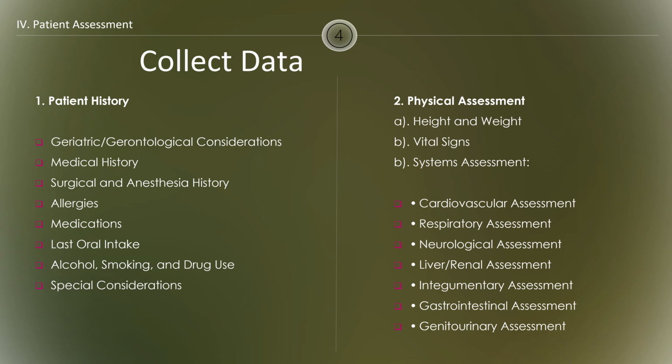And then consider OR equipment capacity, like for the BMI, bed, and table size. The vital signs, obtain a baseline, compare with the prior records, repeat if abnormal or altered by anxiety. Fever may postpone surgery.